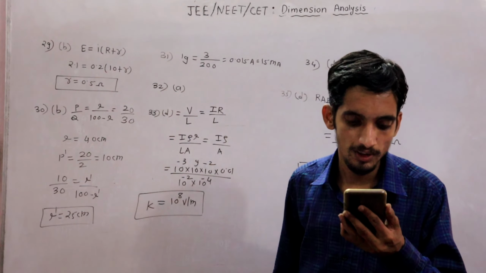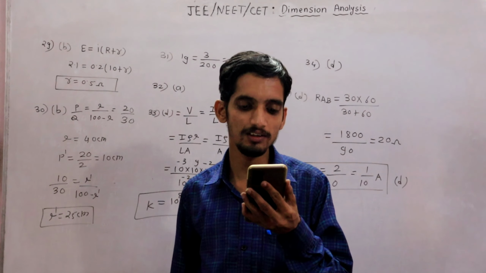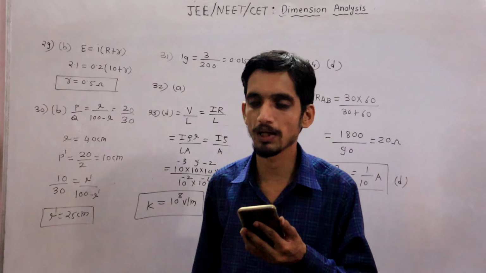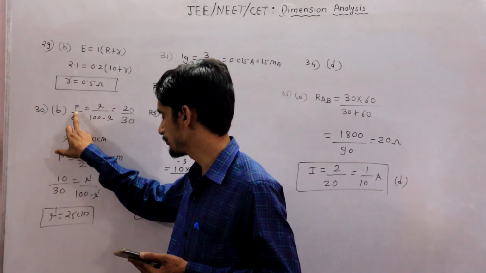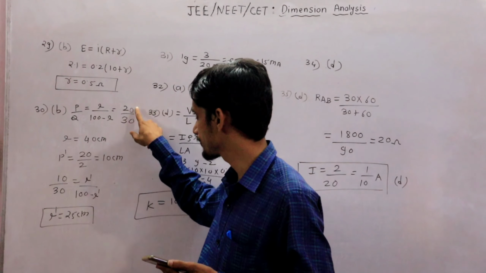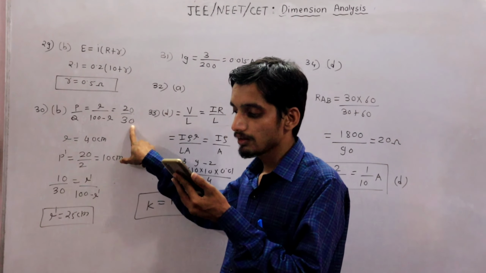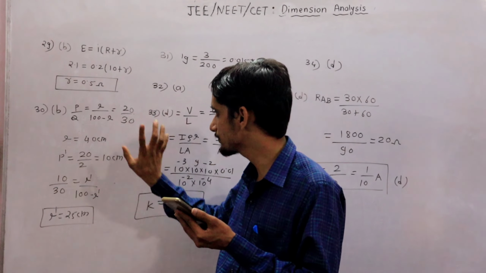Question number 30. The resistances in the left and right gaps of a meter bridge are 20 and 30. When the resistance in the left gap is reduced to half, the balance point shifts by... Now listen here. As per the meter bridge, P by Q is L by 100 minus L, which is 20 by 30, because resistance P is 20 and Q is 30.